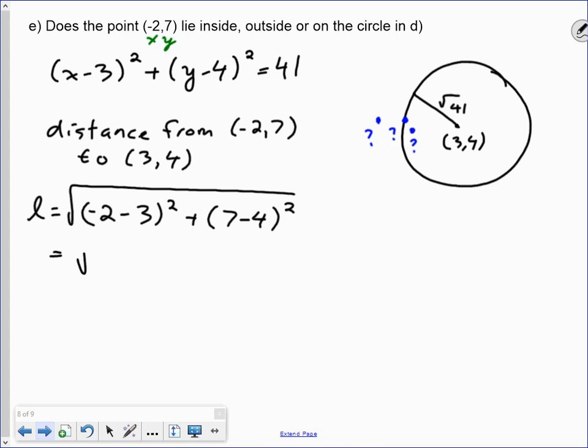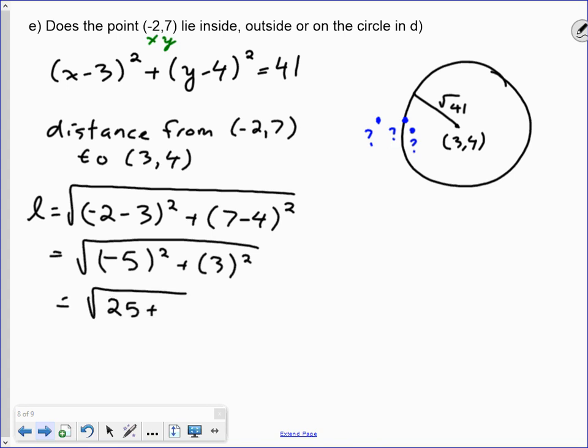Negative 2 minus 3 is going to be negative 5 squared. That's going to be 3 squared. This is going to be the square root of 25 plus 9, so the square root of 34.